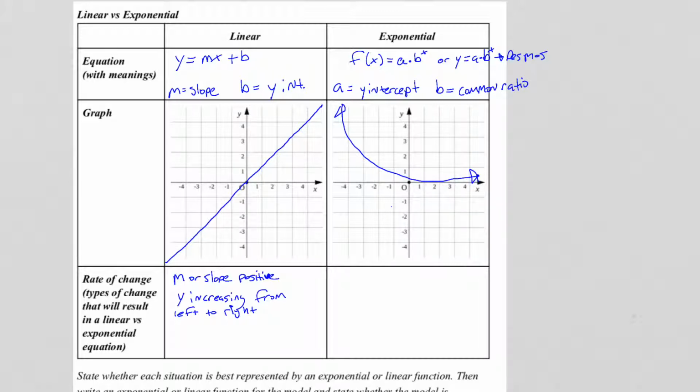And then if the slope, or m, was negative, y was decreasing from left to right.